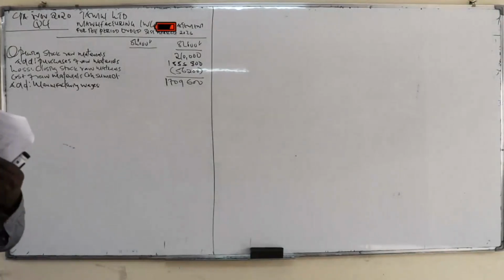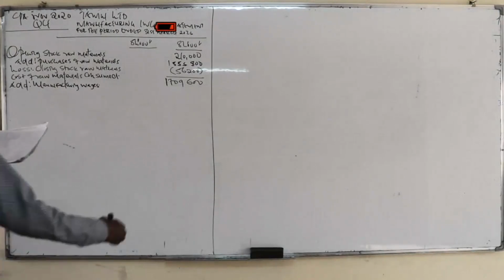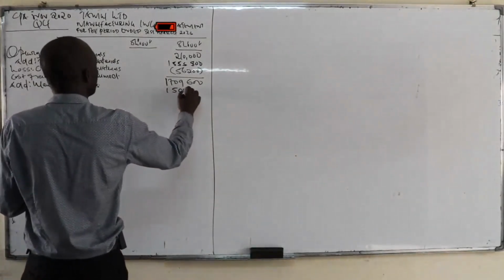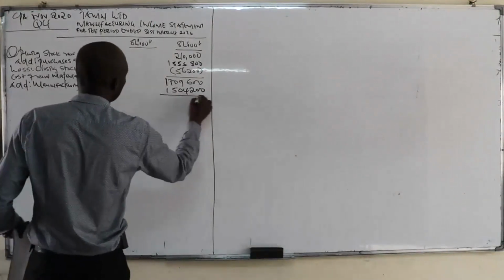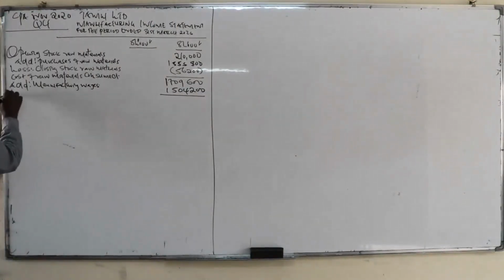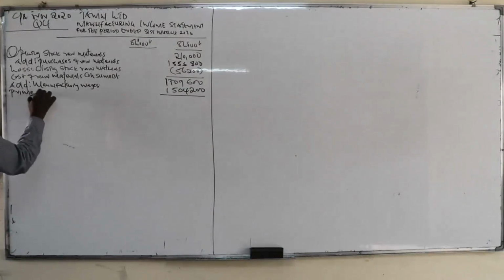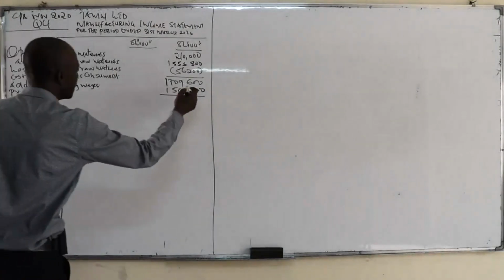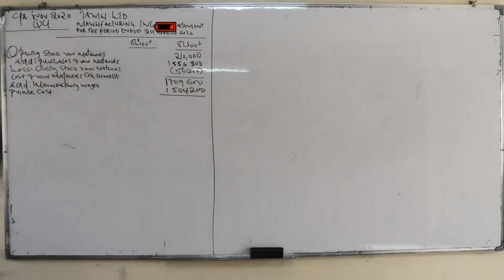So you check if there is any note that is affecting manufacturing wages. We don't have any. So the total cost of manufacturing wages is 15,04200. And then now when you add this, you get the prime cost. Prime cost is the cost of material and labor. How much is it?